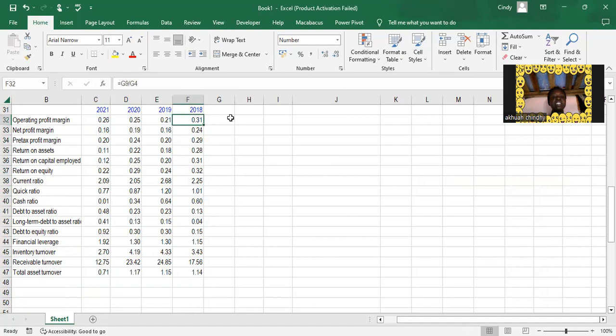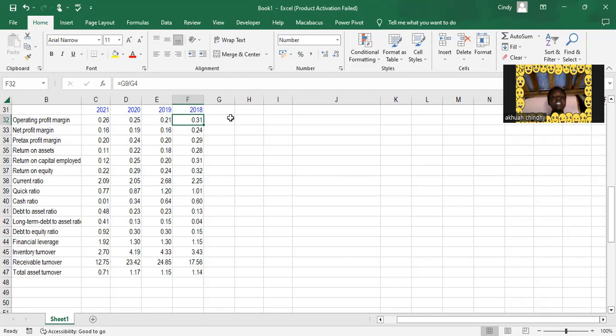We know that the formula for operating profit margin is operating profit over sales, right? And the calculation of operating profit is our gross profit minus all other expenses like selling expenses, advertising expenses, administrative expenses, depreciation, amortization, you get it.